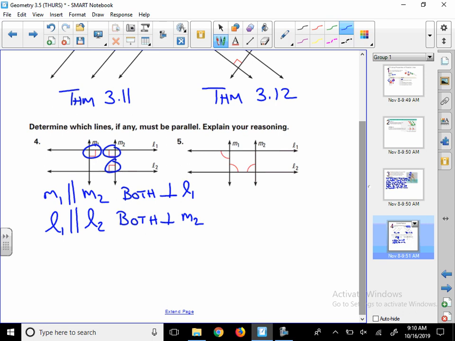And number 5, okay, I look, the fact that I have two interior angles here, we don't know for sure that they are supplementary, adding up to 180, but what I do know is that this angle right here is congruent to that angle, therefore L sub 1 has to be parallel to L sub 2 by the alternate interior angles converse.